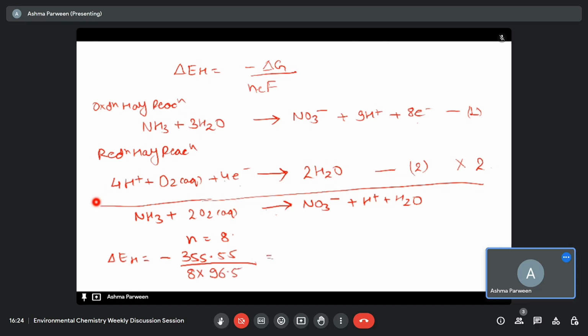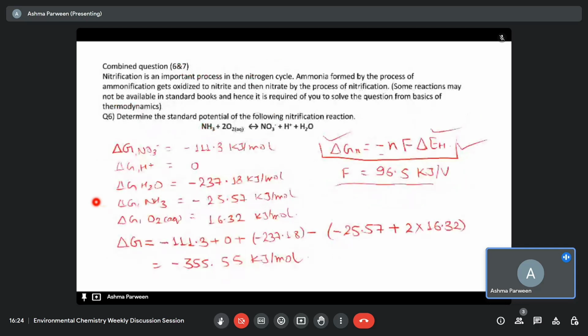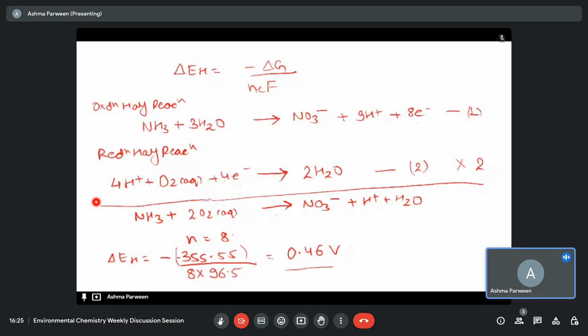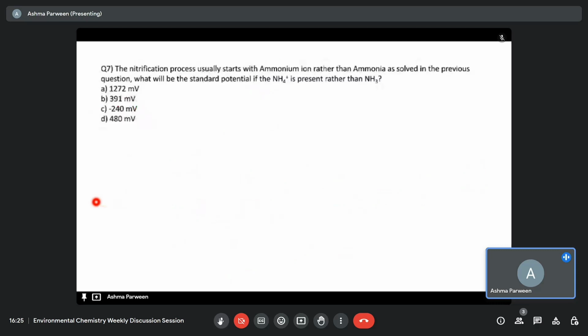We get delta EH as 0.46 volt. So what was asked was the standard potential of the nitrification reaction, that is 0.46 volt. Let's move to the second part of this question.